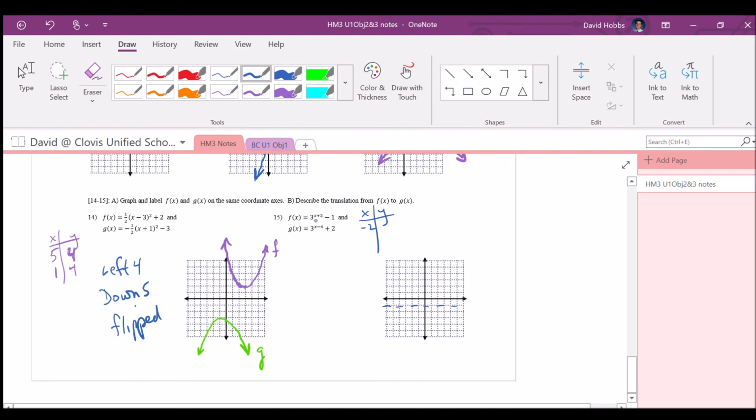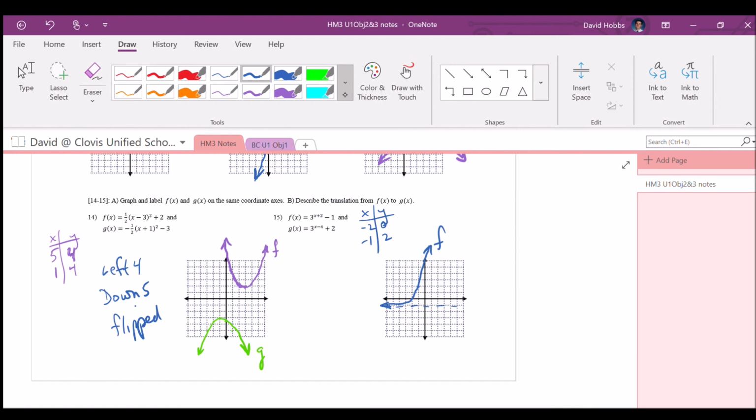If I plug in a -2, I get 1 minus 1, which is 0. -2, 0. I'd like a positive 1 exponent, so if I plug in a -1, I get 3 to the first, minus 1, 2. Okay, using the horizontal asymptote and those 2 points, there's my sketch.